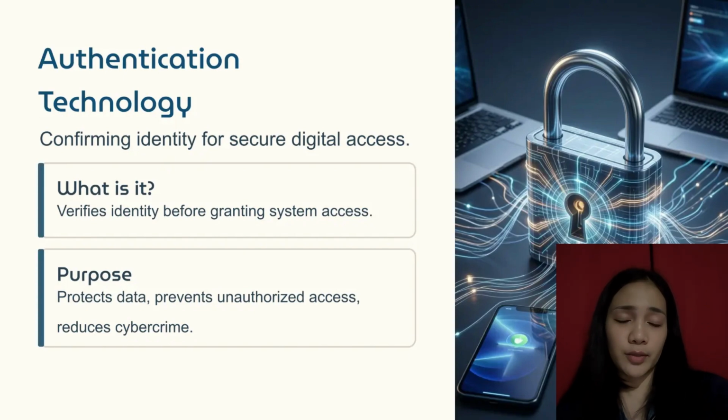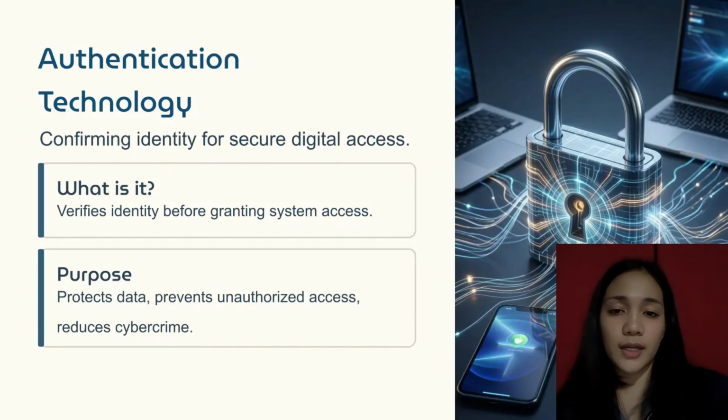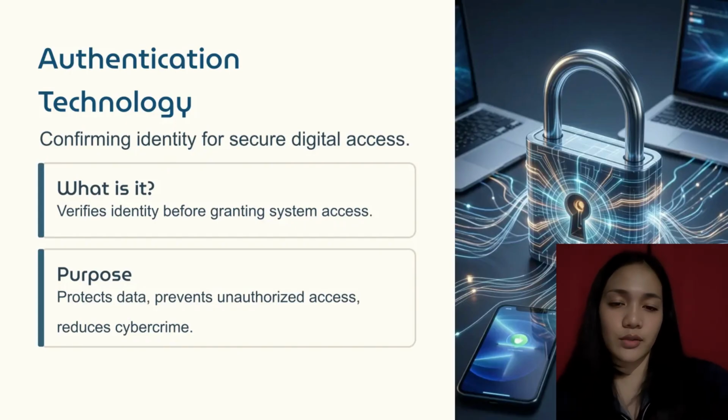Its main purpose is to protect our data, stop unauthorized users, and reduce cybercrime. Without authentication, anyone could access our email, our online bank, or our personal files. That is why authentication is very important, especially now that almost everything we do is digital.